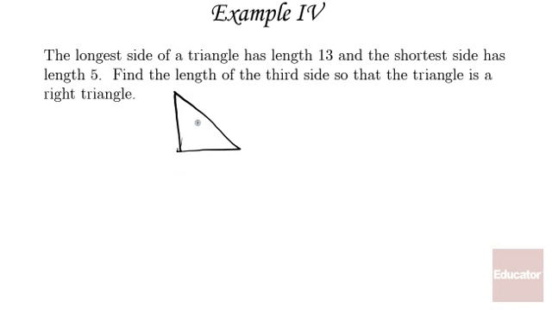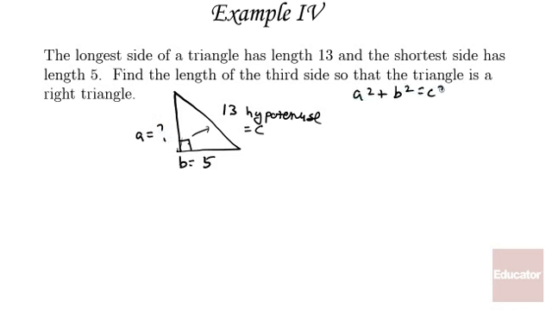All right, the longest side has a length of 13. So if we wanted to turn this into a right triangle, the longest side would be over here, so that'd be the hypotenuse, or C. And the shortest side is a length of 5. So we'll say that that's side B. So I need to figure out side A such that it satisfies the Pythagorean theorem. So let's go ahead and isolate a squared, solve for a squared.